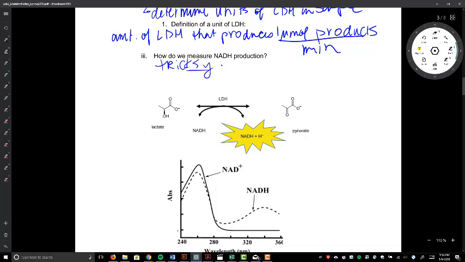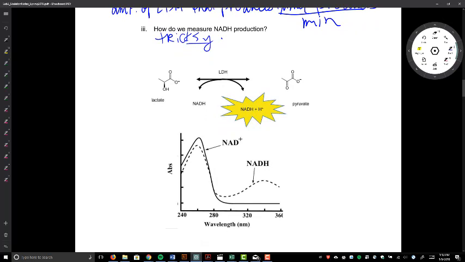Because if we take NAD plus and NADH and H plus, and throw them in a UV visible spectrophotometer and scan them for absorbance as a function of wavelength, what we would find is that at a wavelength of 340 nanometers, NADH in the dashed line has an absorbance, but NAD plus does not.